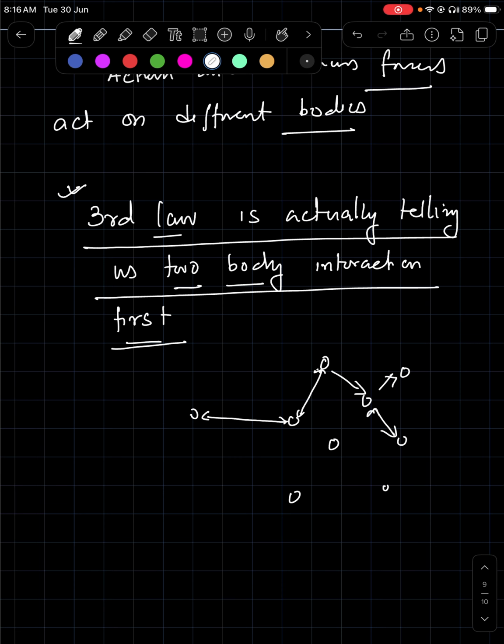You cannot pick three bodies simultaneously. So you have to take first two objects, and two objects, and two objects. And all the things are considered by the inertial observers. Okay. So this is the real meaning of Newton's third law.